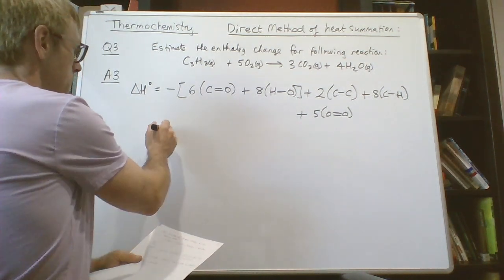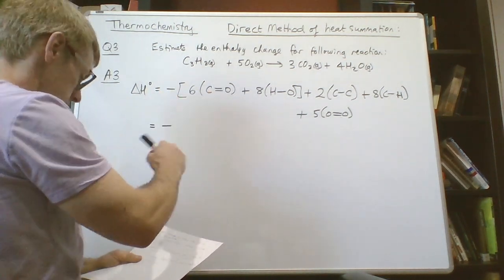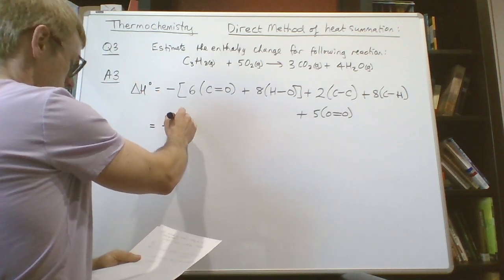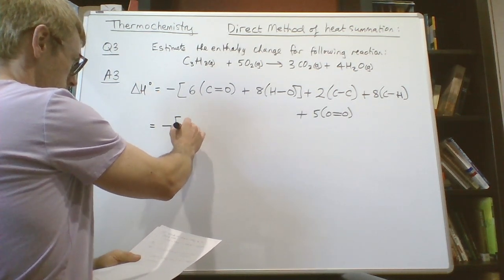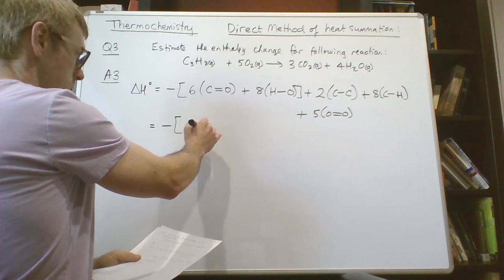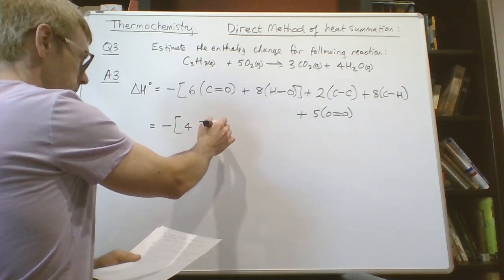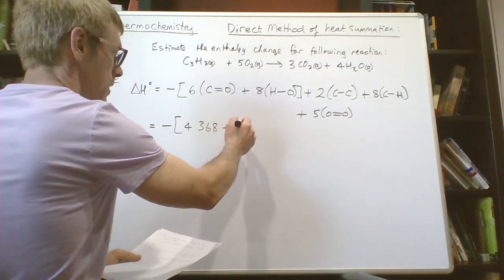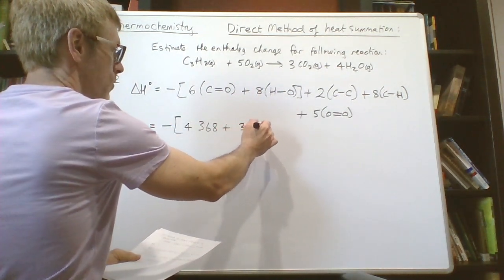So this is going to be negative. 6 lots of that value are going to be 4368, and 8 lots of that value are going to be 3704.